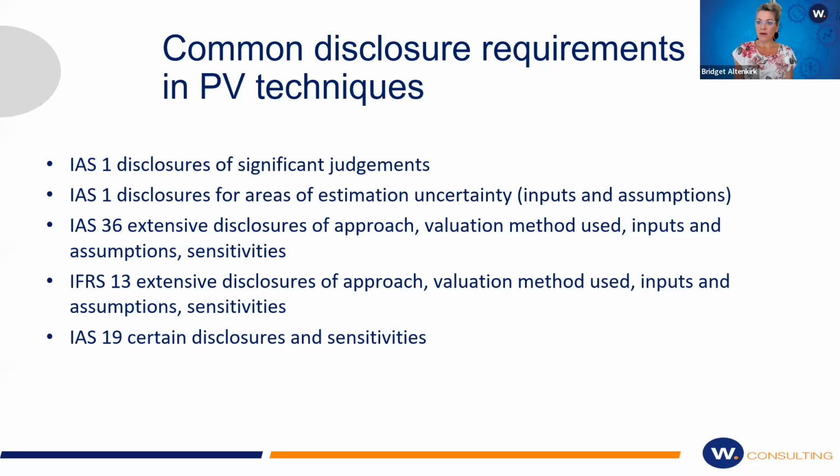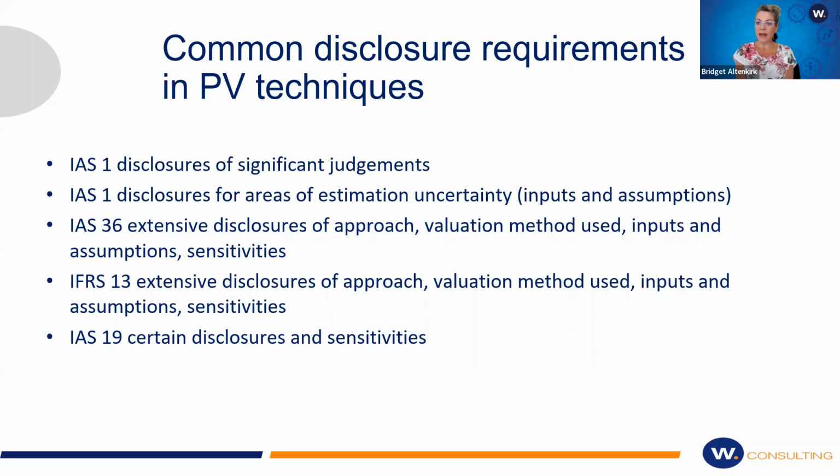You do see, however, that as you go through a number of the other standards, they also contain specific disclosure requirements around judgments and inputs and assumptions. So if there is an instance where an IFRS standard does not make specific reference to judgments or inputs and assumptions, we would then default back to the overarching disclosure requirements from an IAS 1 perspective.